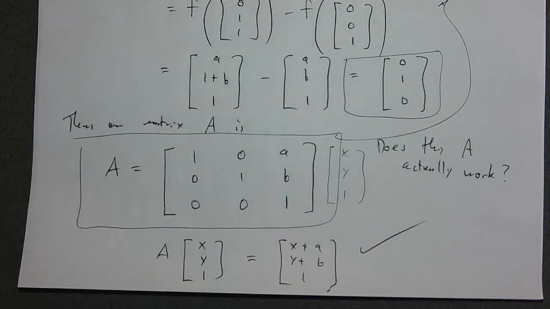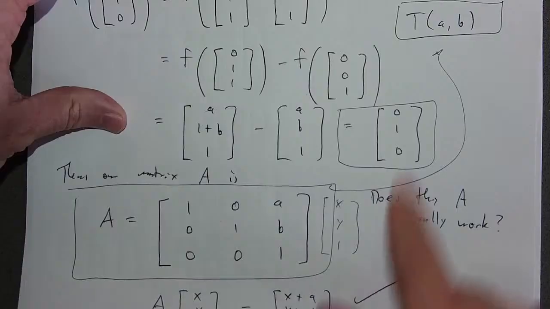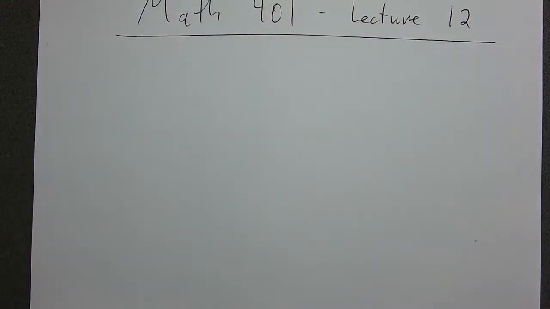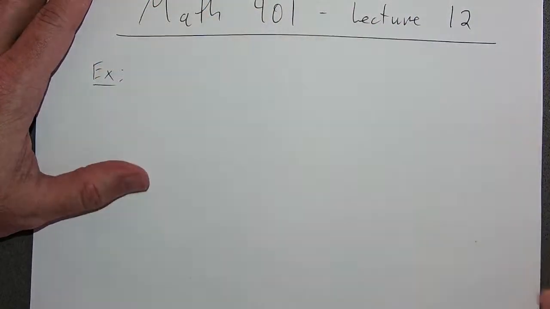Now, I promised an example actually showing that this thing does what you think it does. Here's my matrix T of (a, b). In the example, let's pick something explicit.